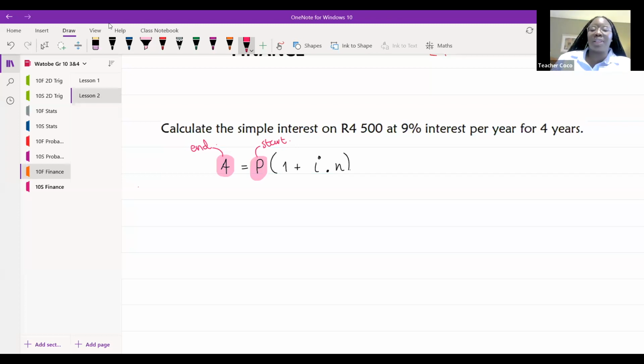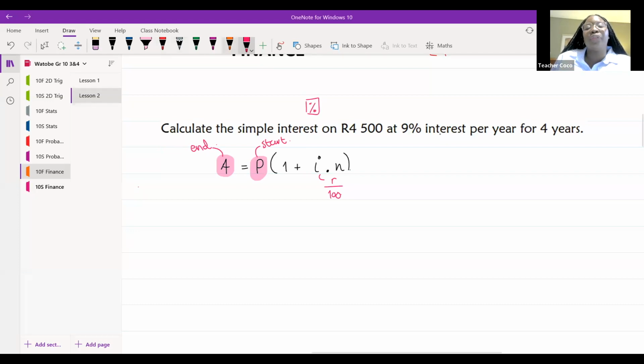Our interest can also be calculated as R, our interest rate, over 100. We can do that. Or because I don't like complicating my life and putting things over 100, your new fancy calculators have a cool little percentage button.